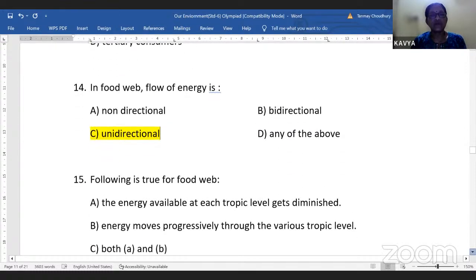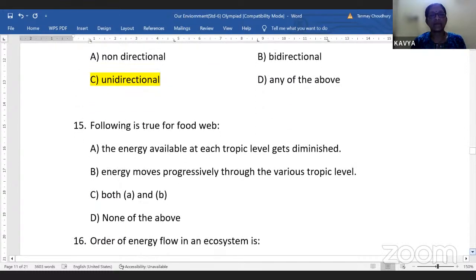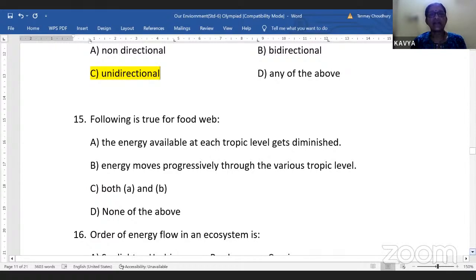Following is true for a food web. The energy available at each trophic level gets diminished. Yes. When the herbivores take it from the plants, the energy which is present in plants goes into the herbivores, but a little less than what is present in plants.